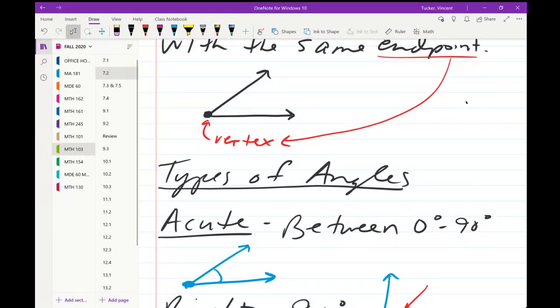We have a few types of angles. First type is acute. It's when the angle is between 0 and 90 degrees.